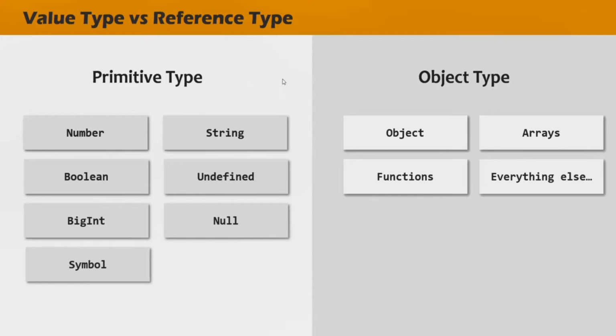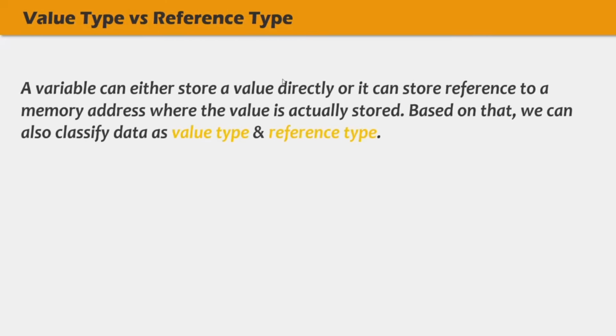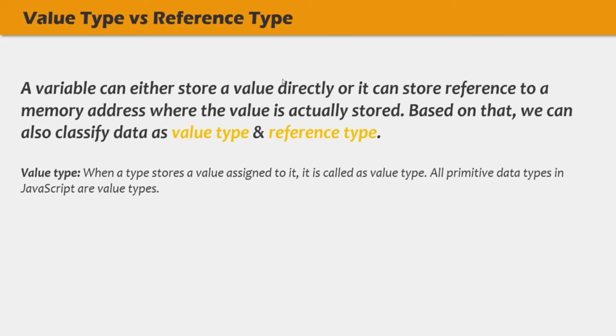Another way in which we can classify data in JavaScript is value type and reference type. Now, a variable can either store a value directly, or it can store a reference to a memory address where the value is actually stored. And based on that, we can classify data as value type and reference type. So value type is that type which stores the value assigned to it.